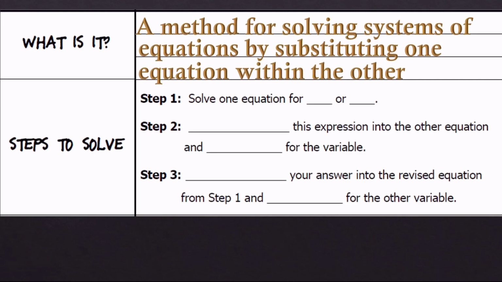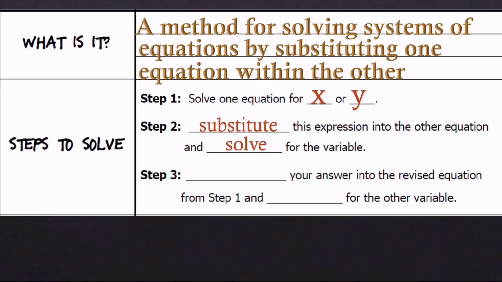Okay, so here's how we do that. It does not matter which equation, but we're going to solve one of them for x or for y. Sometimes it's already given. If you already have one of the equations in x equals or y equals, that's half your battle. You have step 1 done. Step 2 would be to substitute the expression into the other equation and solve.